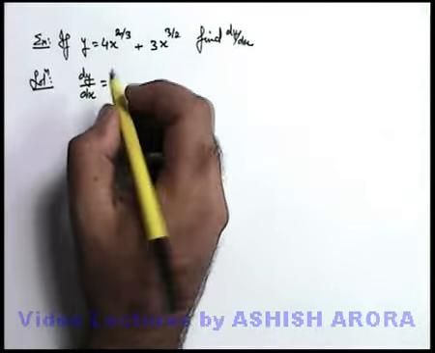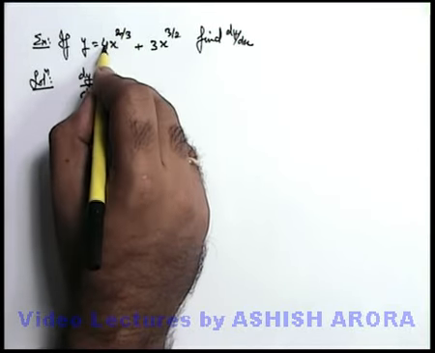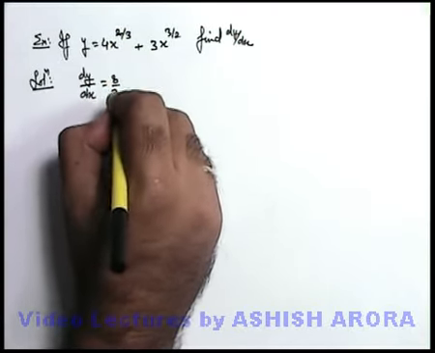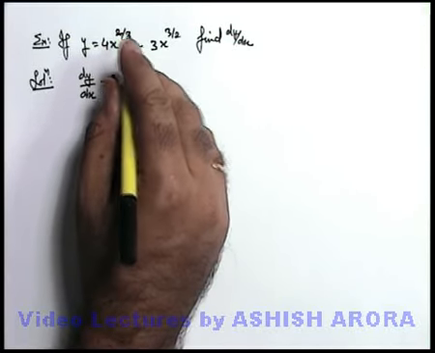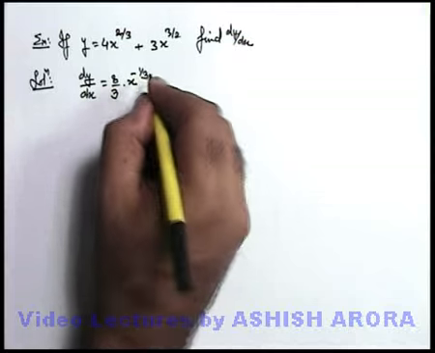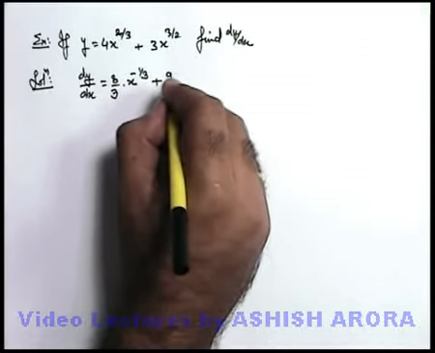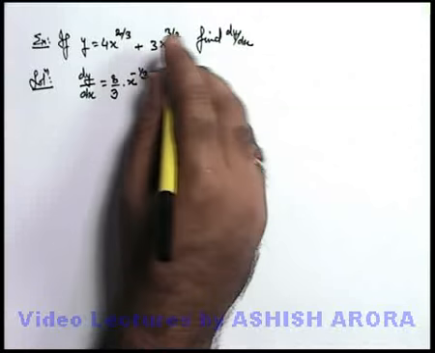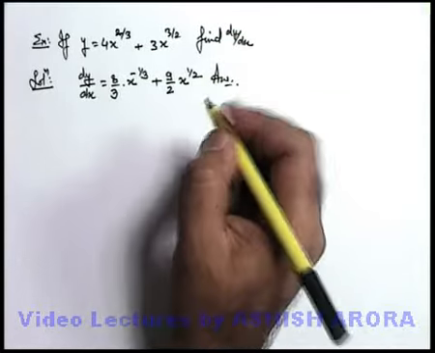Here dy by dx will become 4 into x to power 2 by 3. So this 2 by 3 will come out. It will become 8 by 3 into x to power 2 by 3 minus 1. So it will become minus 1 by 3. Similarly, plus 3 into 3 by 2 is 9 by 2 into x to power 3 by 2 minus 1 is 1 by 2. This will be the answer.